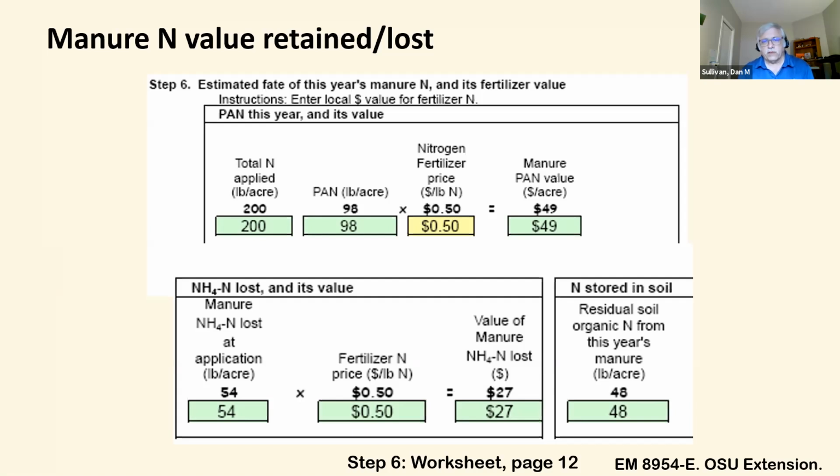That's worth $49 in fertilizer nitrogen replacement value. Down below, we also look at ammonium nitrogen lost and its value. So we're losing about $27 per acre of nitrogen to the atmosphere, and we're storing about 48 pounds per acre. This stored nitrogen will be available to future crops, but it's not plant available during the first year.